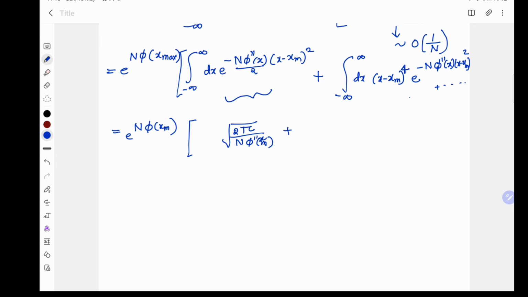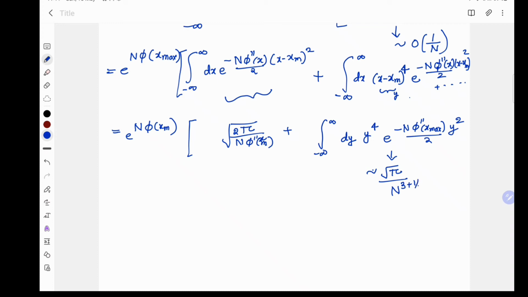Plus, if you integrate this, let us consider this as y. So this integration will be minus infinity to infinity dy y to the power 4 e to the power minus n phi double prime x_m by 2 y squared, and if you solve it, this will be of the order of root pi, so this will be of the order of n to the power 3 plus half.